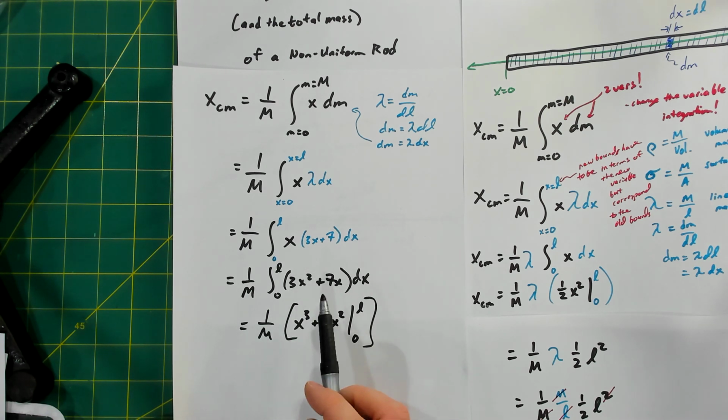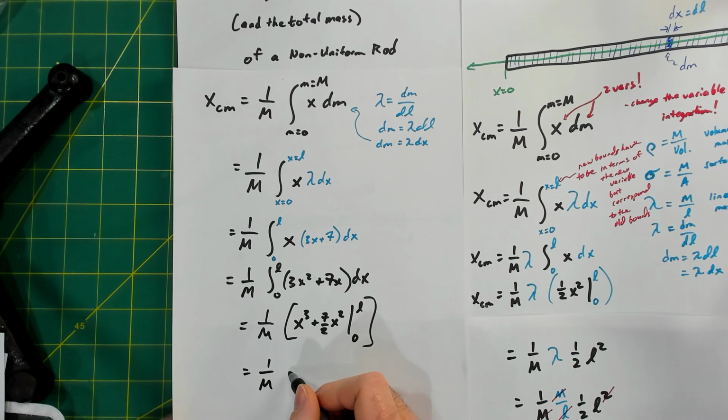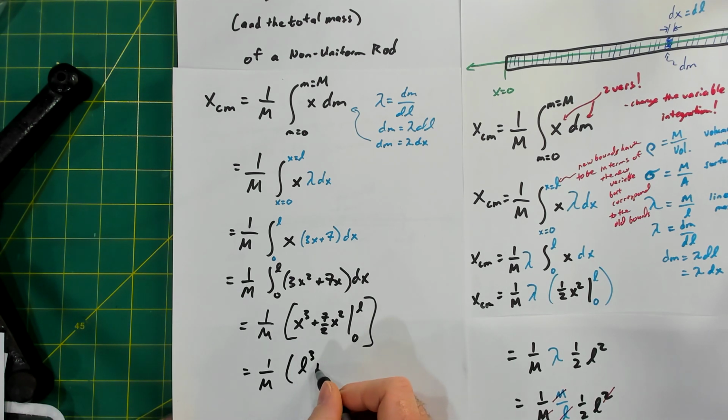Hey, there is a 3, it's all good. The integral of 7x is going to be 7 halves x squared. Again, all good. Evaluate from 0 to L. And so I'm going to end up with something that looks like this: L cubed plus 7 halves L squared, right?